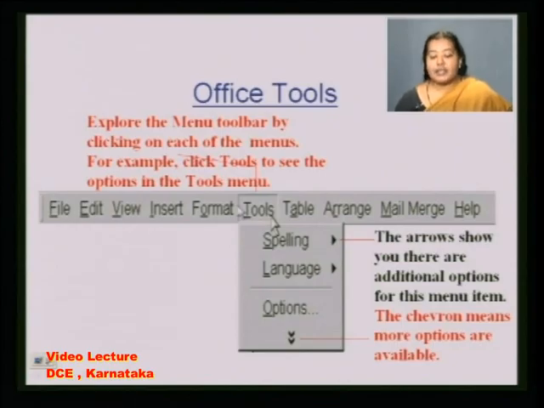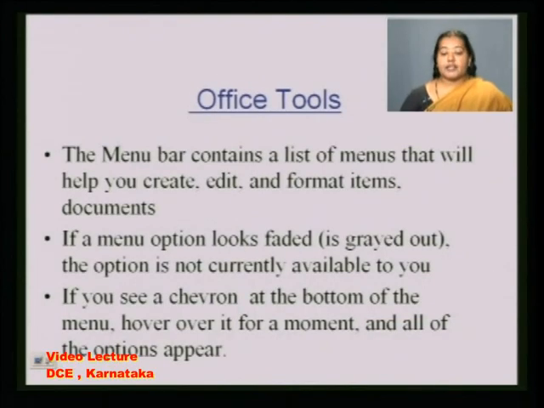Now this is called a toolbar. In the toolbar, File, Edit, View, Insert, Format, Tools, Table, many options like these will be available. As soon as you open your computer screen, you will be able to see all these options.